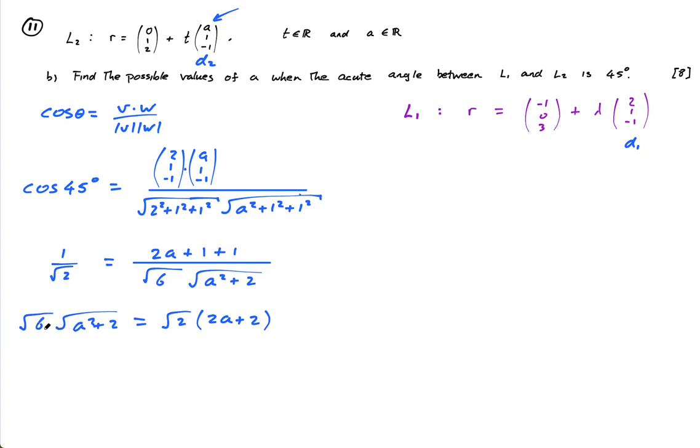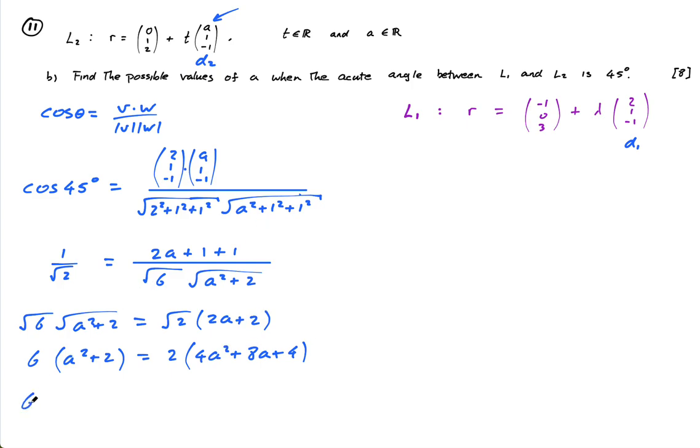Remember to square everything. So root 6 squared is 6. Root a squared plus 2 squared is a squared plus 2. Root 2 squared is 2. This thing squared is 4a squared plus 8a plus 4. Guys, if you don't know how to square this, just make sure you figure it out. But that's what it is.